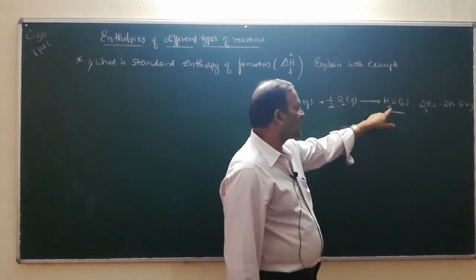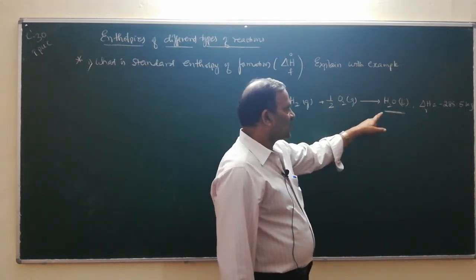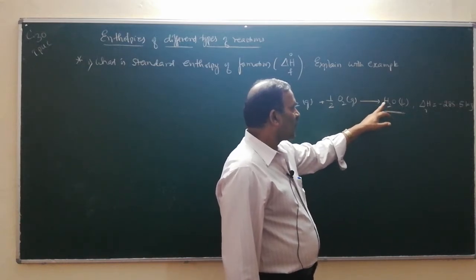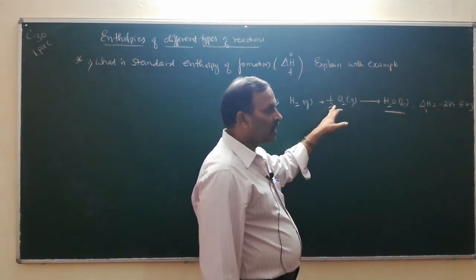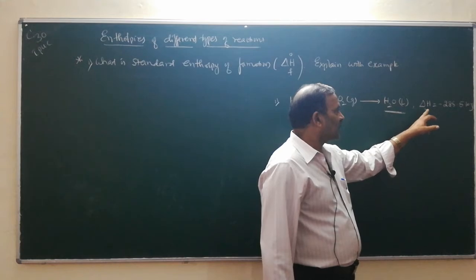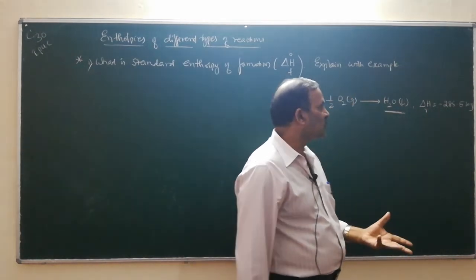What are the elements of water? Hydrogen and oxygen. The amount of heat liberated is equal to minus 285.5 kilojoules.